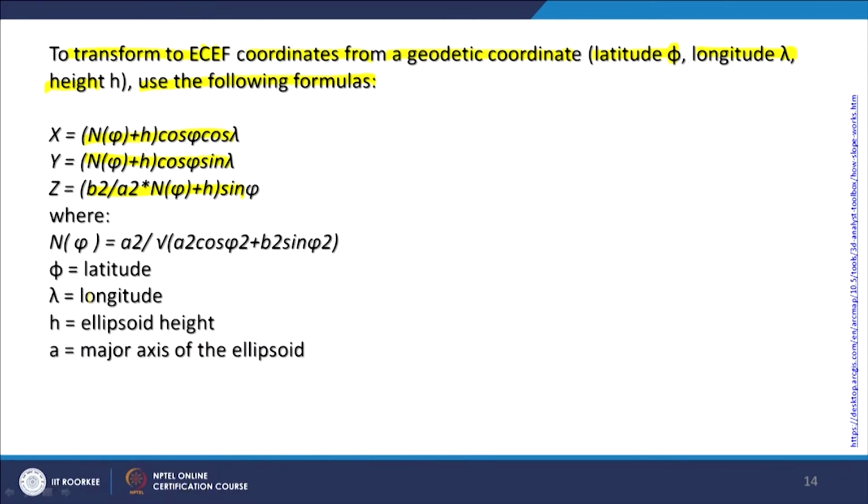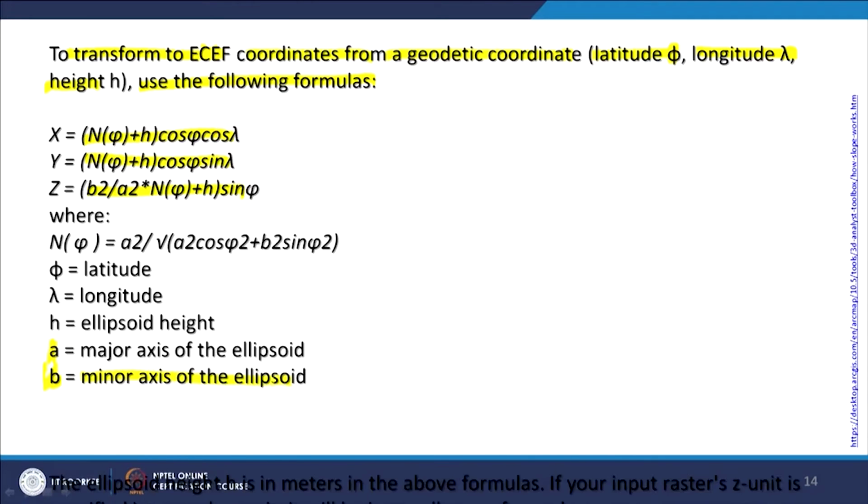You have also seen in the case of the ellipsoid that A represents the major axis of the ellipsoid, and B represents the minor axis of the ellipsoid, because unfortunately the Earth is not a perfect spheroid. Therefore these complications come, and while going for more accurate slope calculations in the current discussion, we have to take care of this.